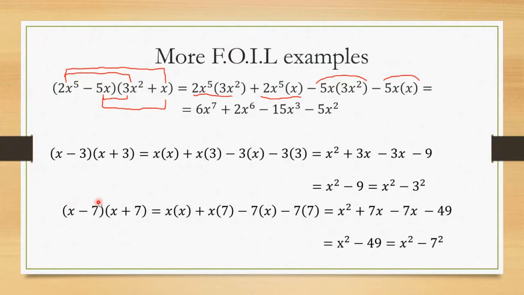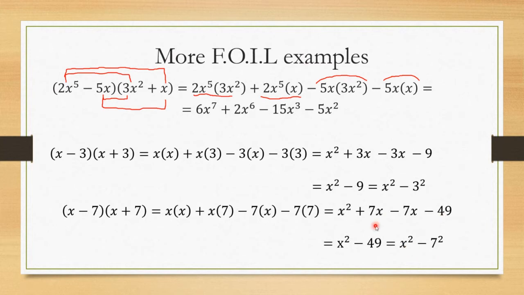We have x times x, times 7, minus 7 times x, minus 7 times 7. And so we get x squared plus 7 times x minus 7 times x minus 7 squared, which is 49.